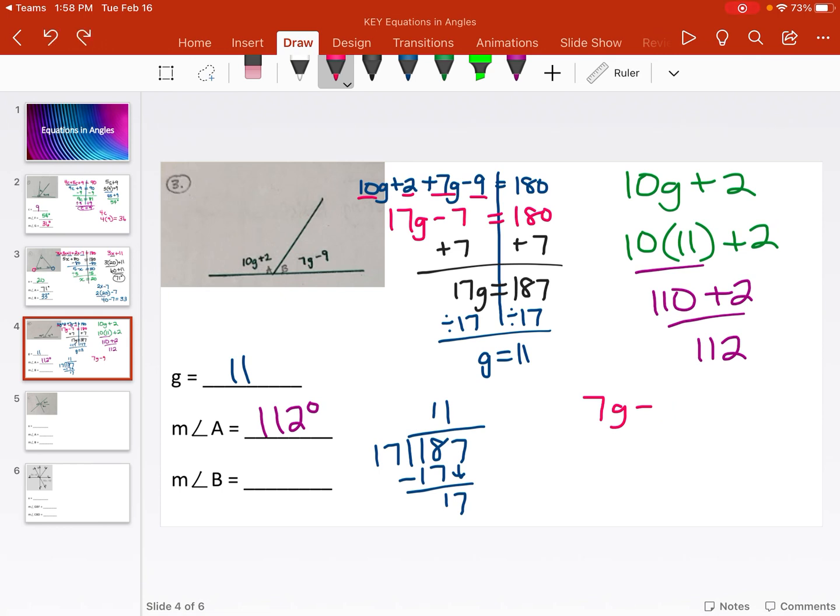Again, we know that g is 11, so 7 times 11 minus 9. 77 minus 9, which gives me, let's see, 68 degrees. And again, you can kind of check yourself. 112 plus 68 is 180 degrees, so we got that one right.